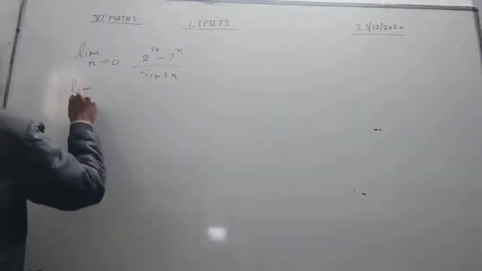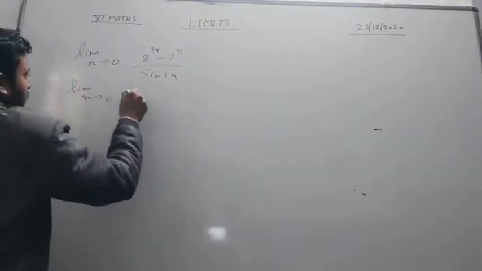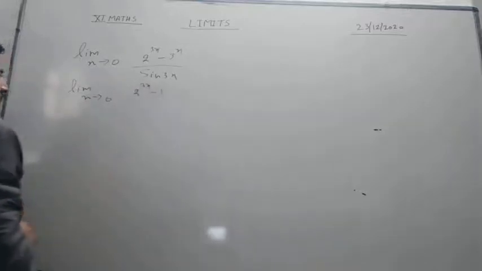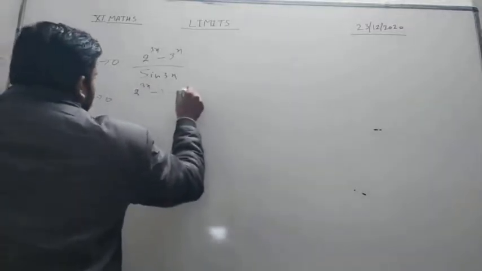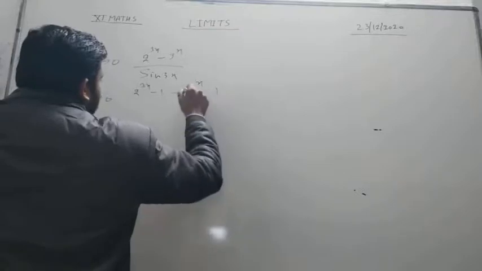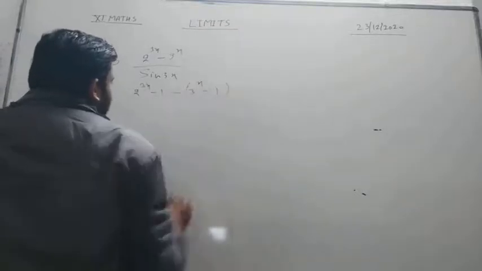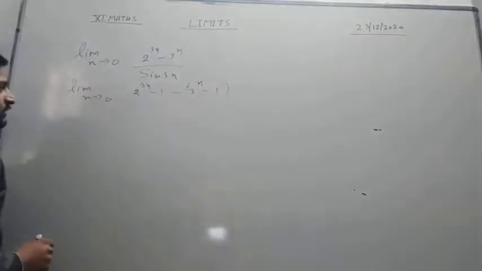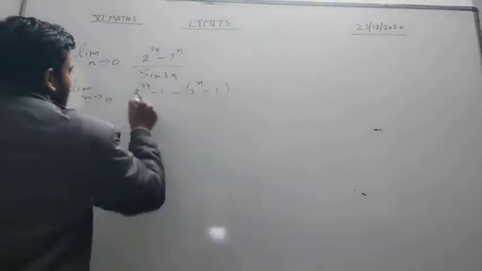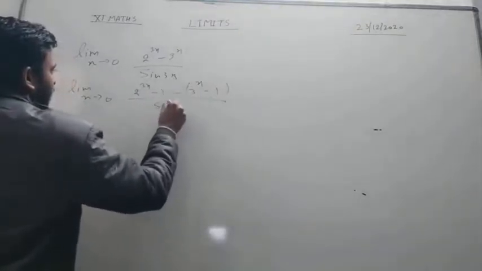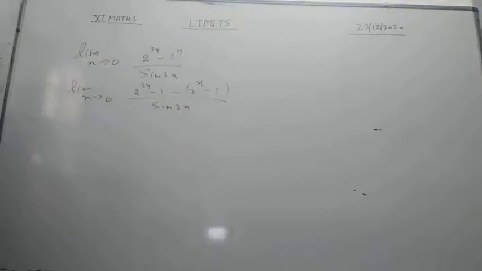So limit x tends to 0, we can write (2^(3x) − 1) − (3^x − 1), divided by sin 3x. Okay, now we separate it.